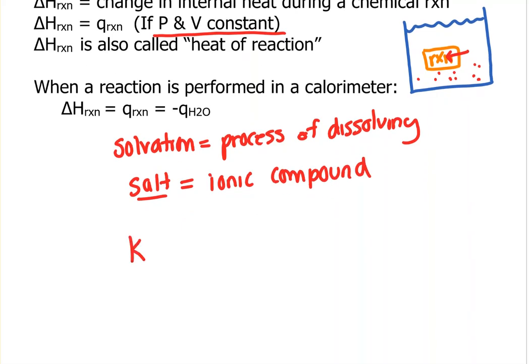Remind you how salts dissolve. So salt, this is a solid. Ionic compounds are almost always solids, and when it dissolves, it ionizes.